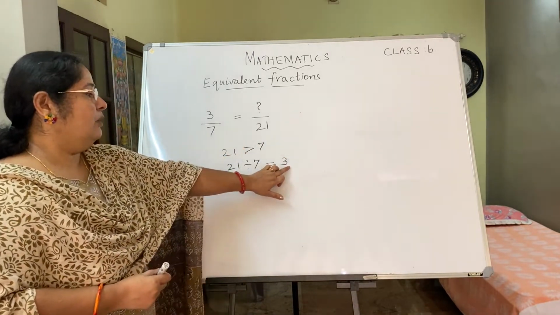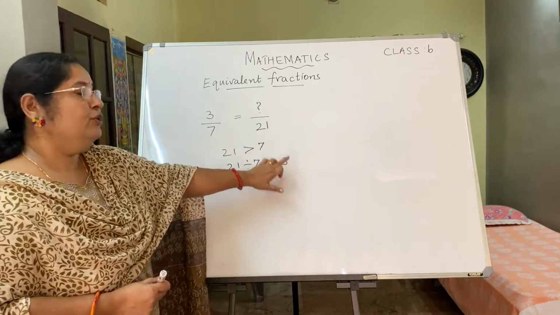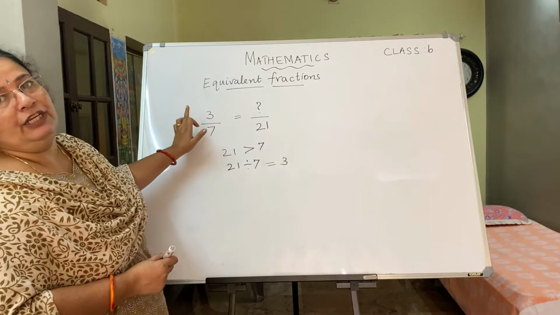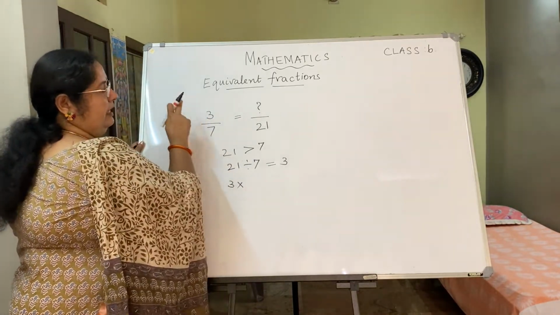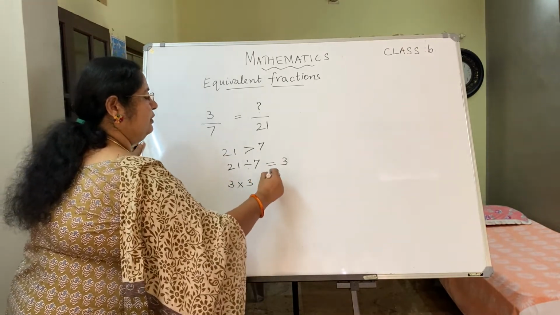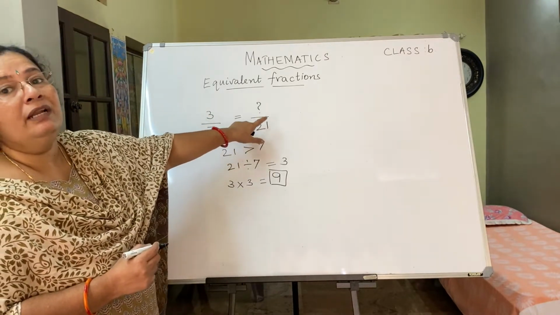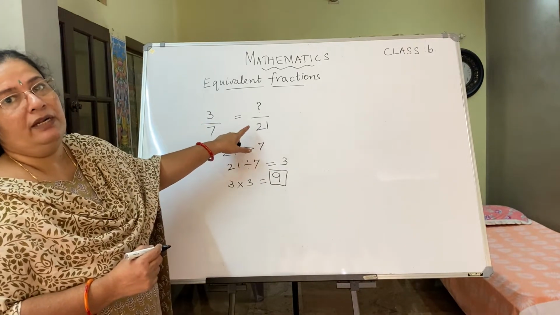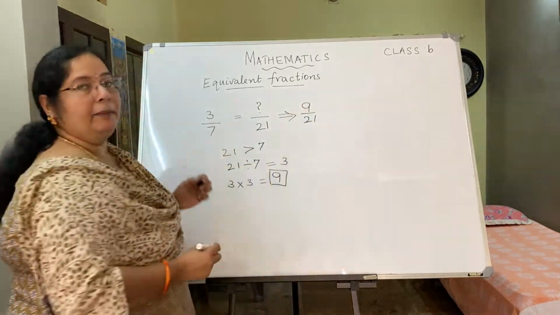Now this quotient, 3, you multiply with the numerator of the given fraction. So 3 into the numerator of the given fraction, which is 3 again, will be equal to 9. This 9 forms the numerator for the equivalent fraction of 3 by 7 with the denominator 21. So our equivalent fraction will be 9 by 21.